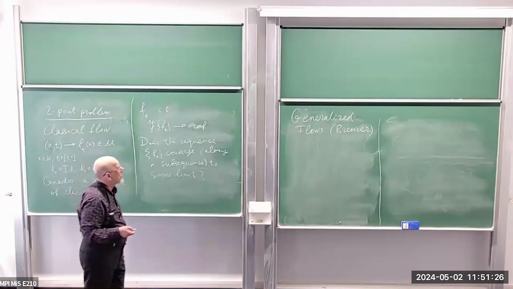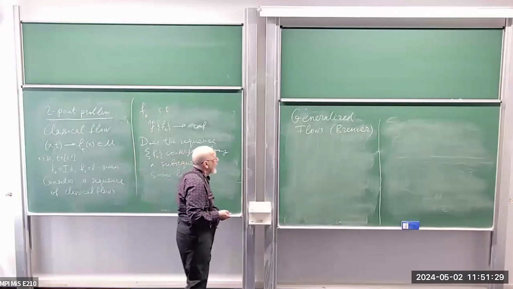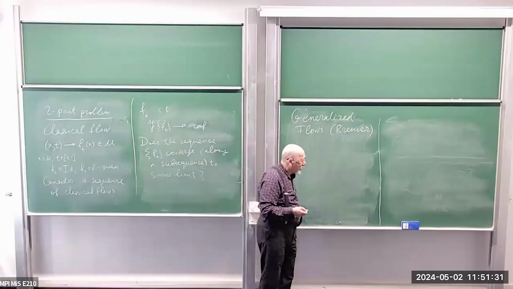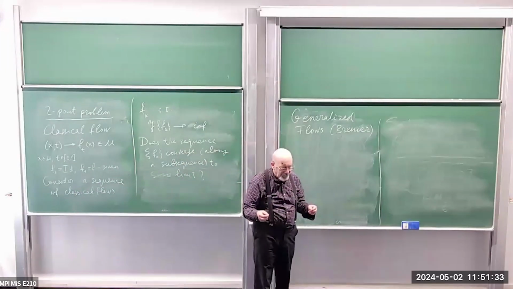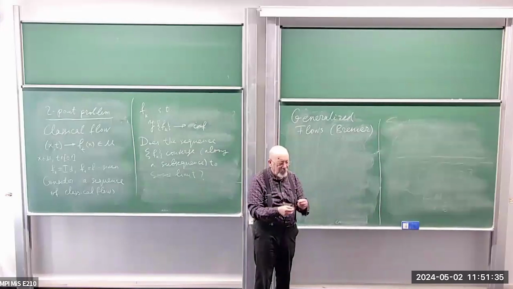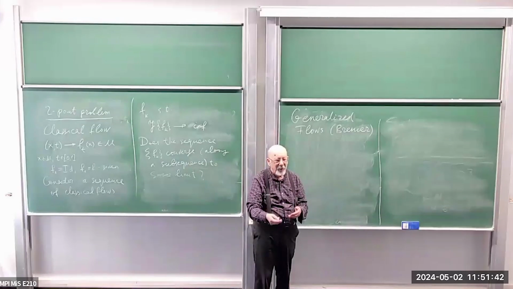What is a generalized flow? A generalized flow assumes that fluid particles move more or less independently from one another. They don't form one flow. They don't even have some velocity field.